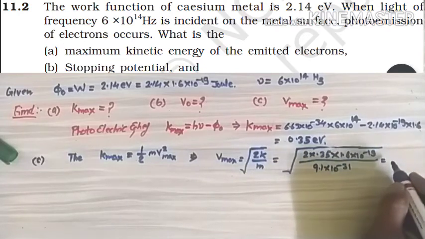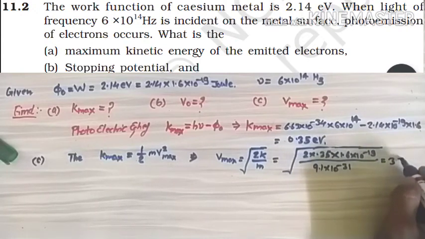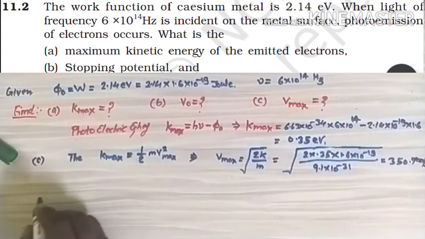From this you calculate the value of the velocity. This is 350.7 meter per second, kilometer per second here.